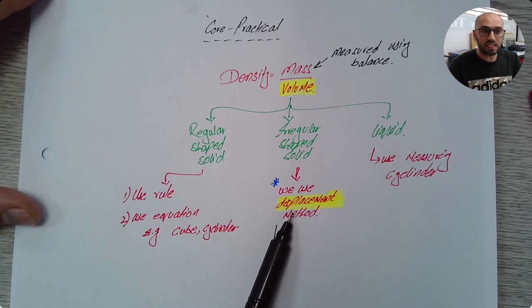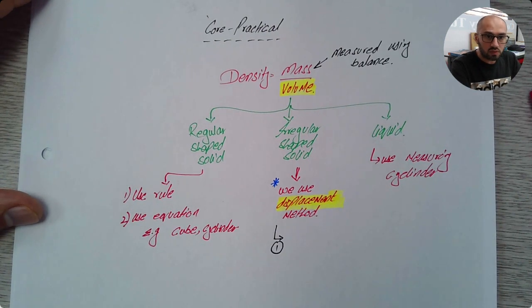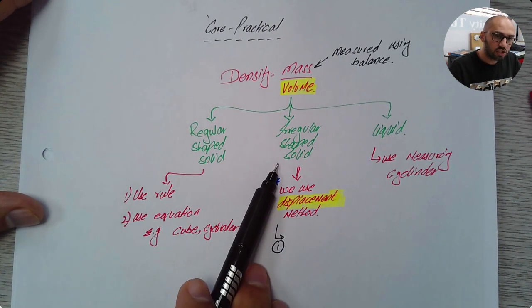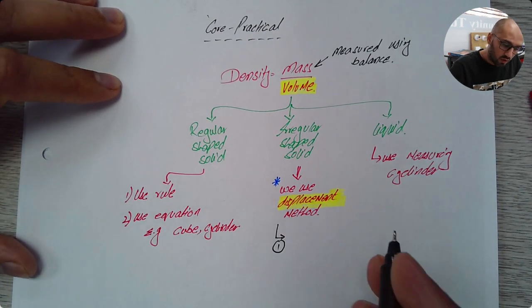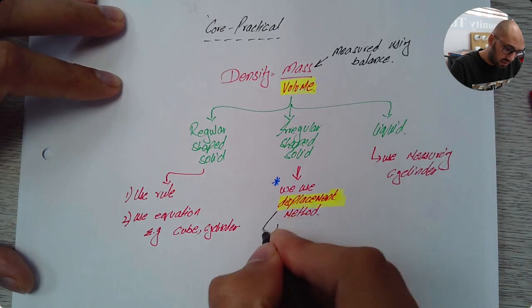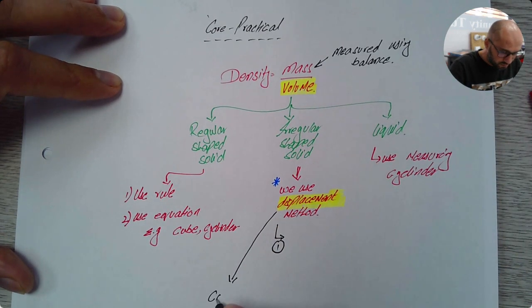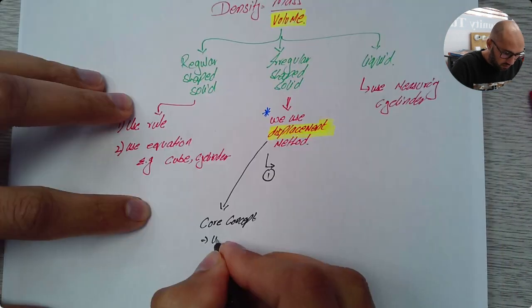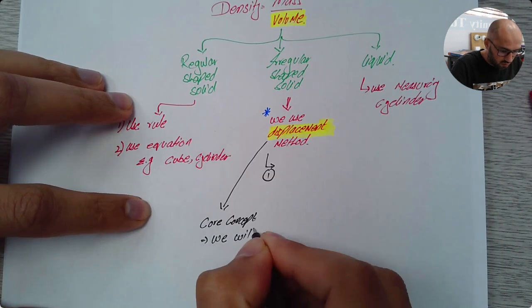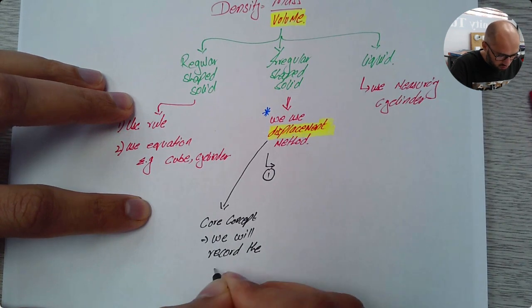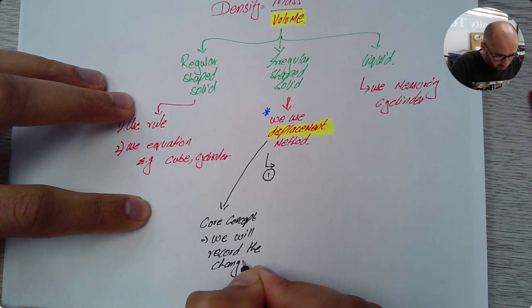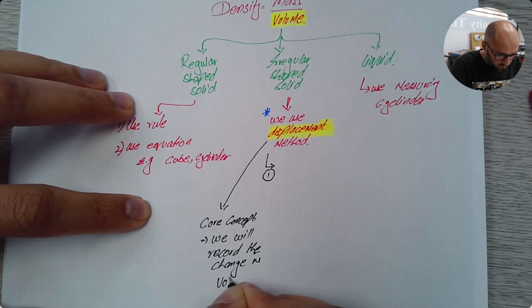Knowing displacement method for working out the volume of irregularly shaped object is important for us. The core concept in this case is we will record the change in volume.